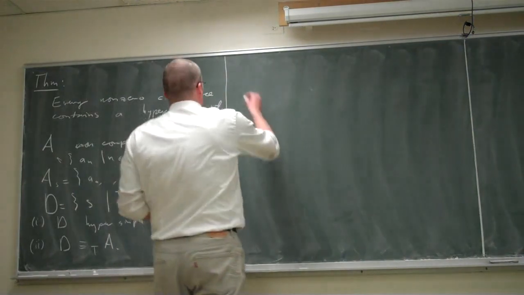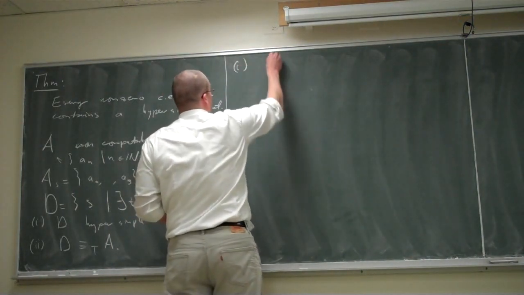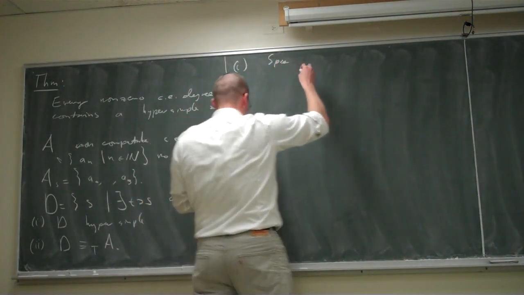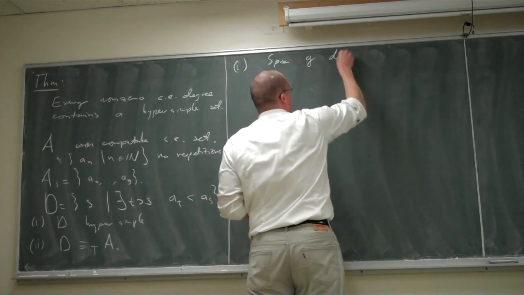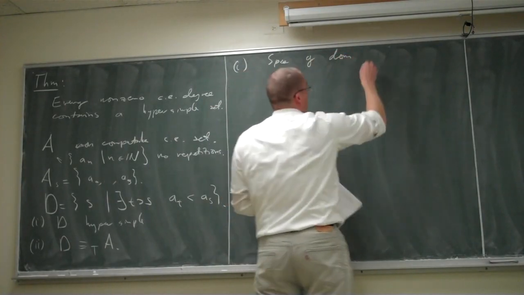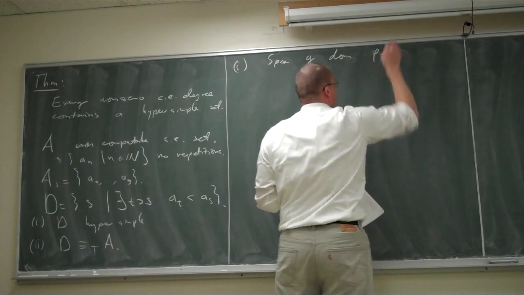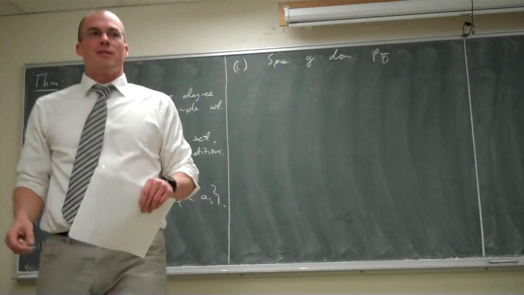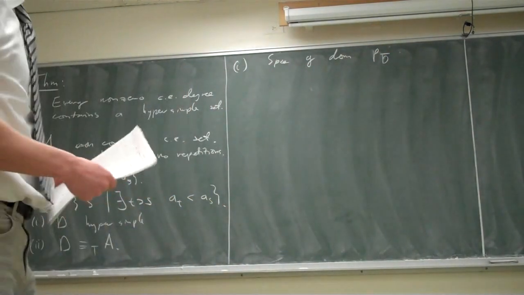So, in order to show one, we say, suppose g dominates the increasing enumeration function of D complement.